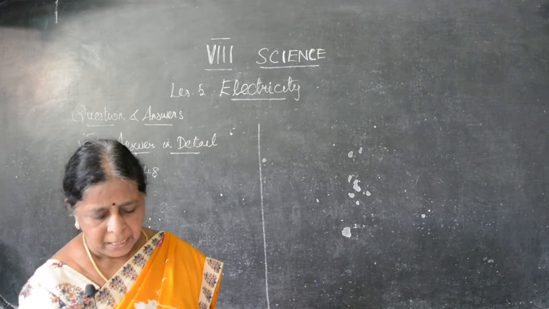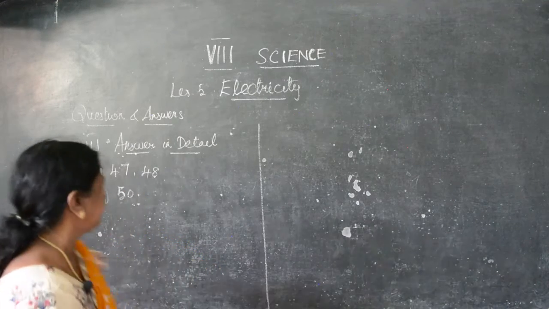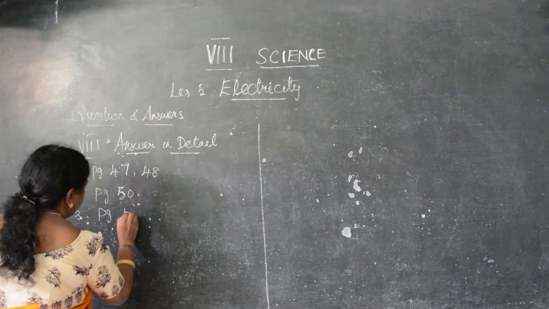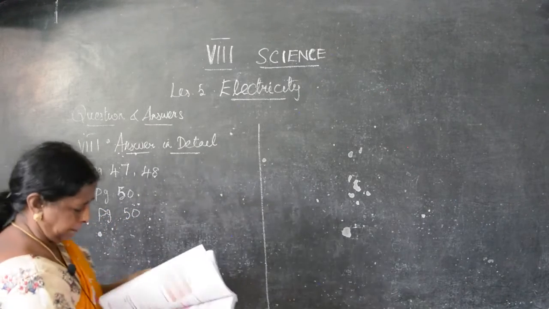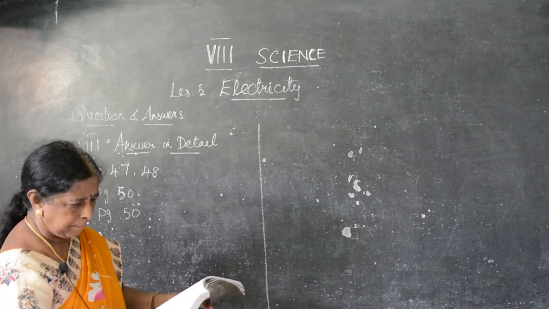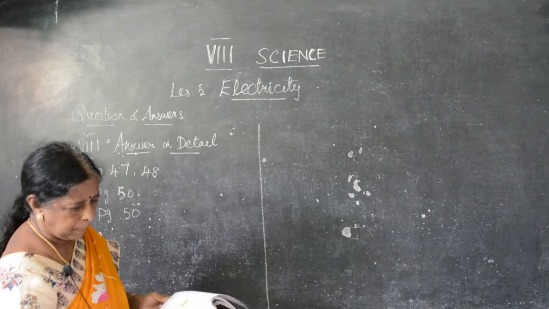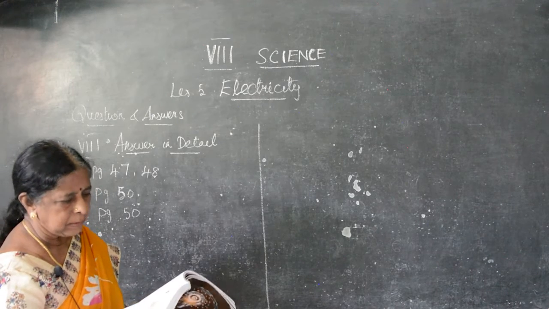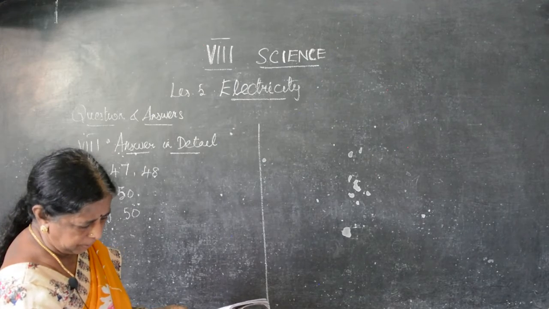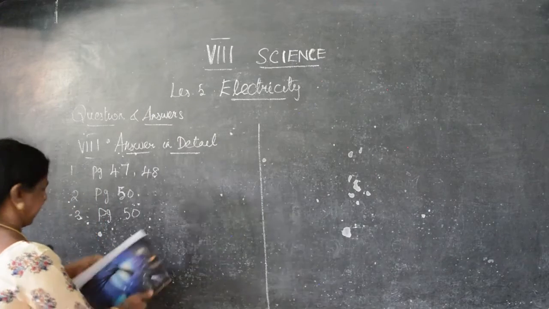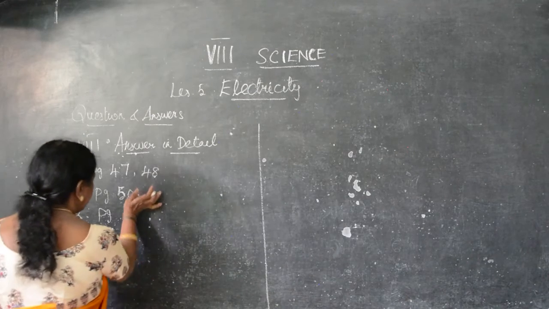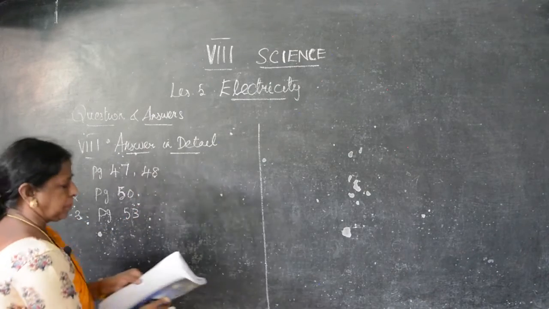Explain series and parallel circuit. The answer is in page number 53.